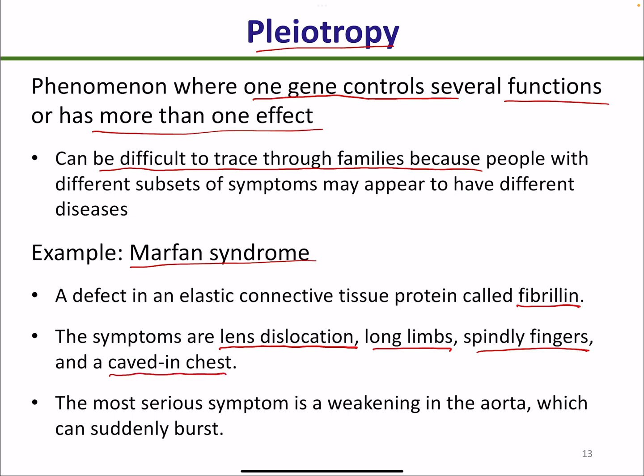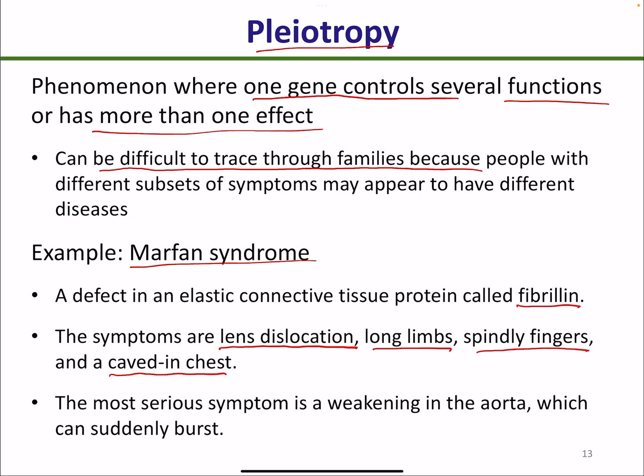Now, not everyone with Marfan syndrome has a chest that is caved in. Not everyone has extremely long limbs. You're going to have a variation of these effects in individuals.